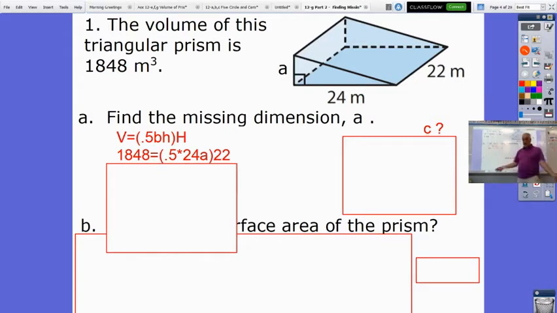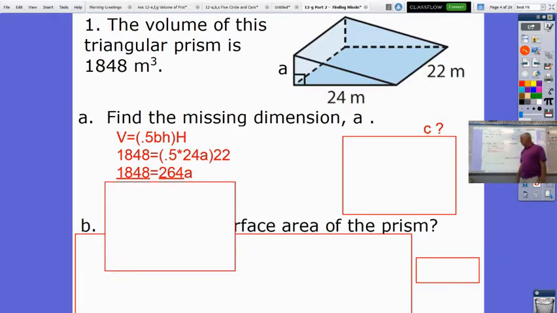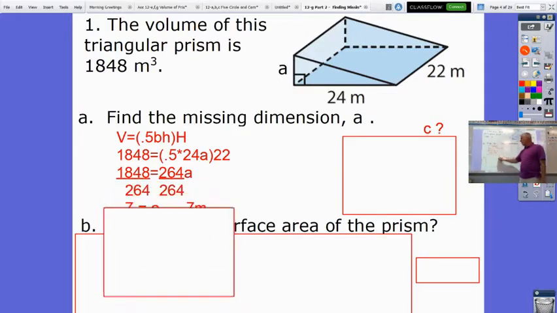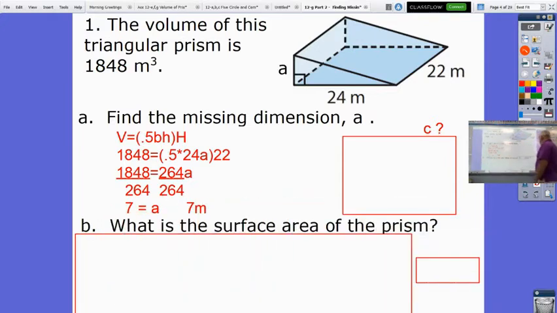Multiply all your numbers together, right? Everything except for A comes out to 264. So 264 times A is 1848. Divide both sides by 264, and you get A equals 7, which means that the missing dimension here is 7 meters.